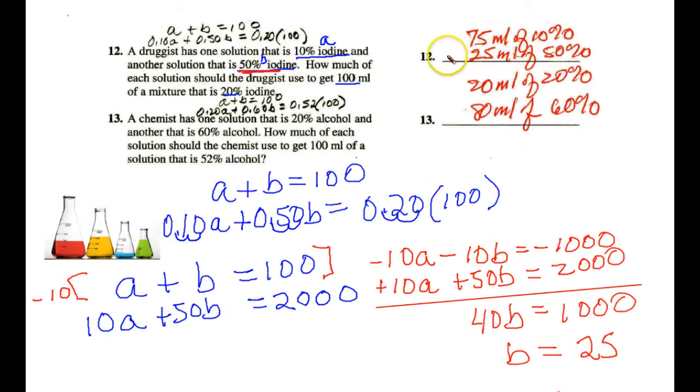So of my 50%, I need 25 milliliters. Well, I'm going to end up with 100, so the other amount is 75. So again, we used a different method. It works either way. This is the elimination method that I want to show you.